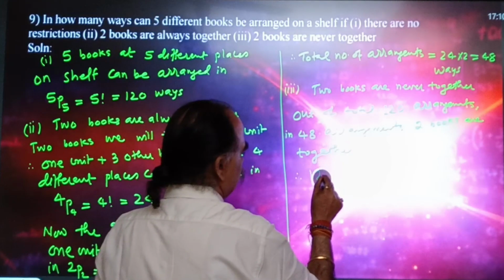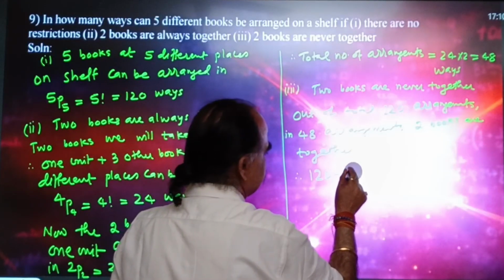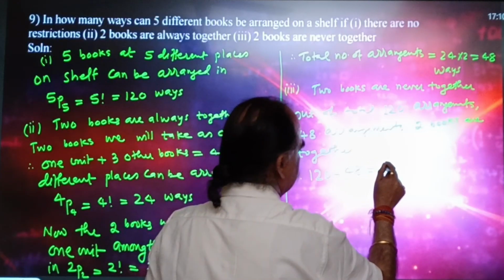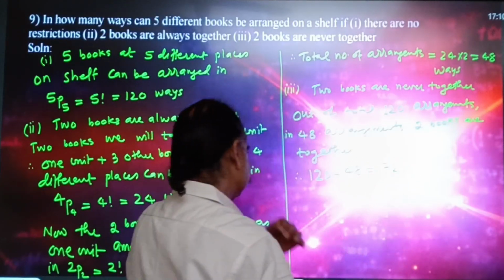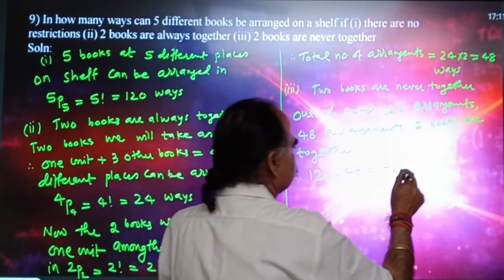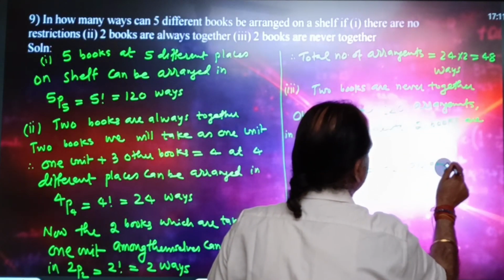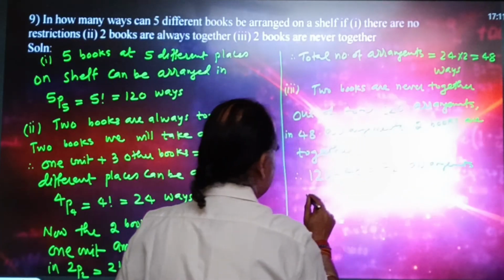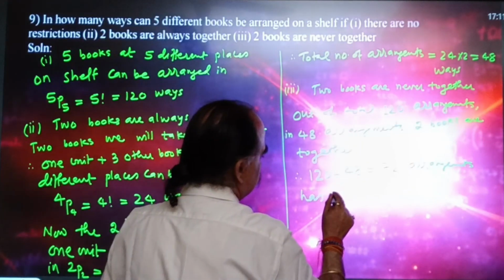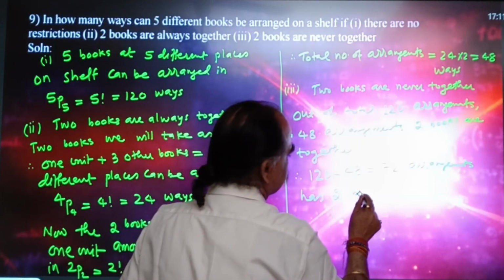Therefore, 120 minus 48 is equal to 72 arrangements has two books never together.